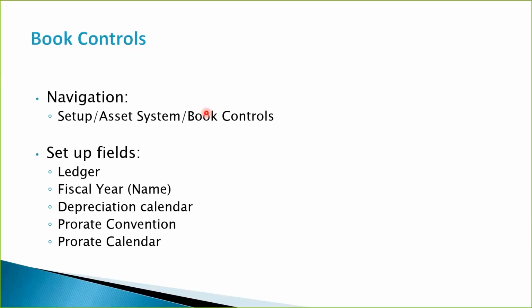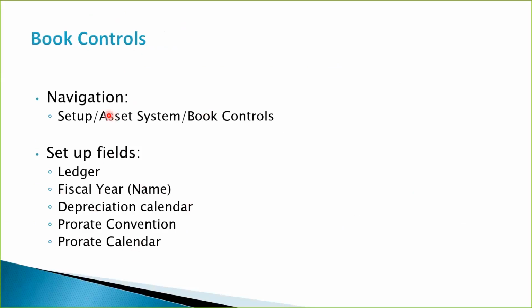You'll also specify a depreciation calendar, and a prorate calendar, which is related to the prorate convention, and we are going to discuss how that works. So in order to do our book controls, we have to have these features already defined so that we can go and fill them in those fields.